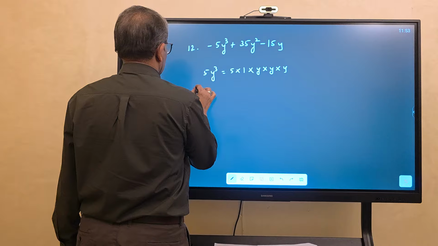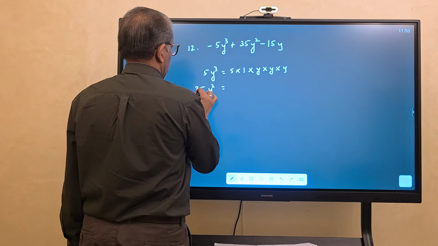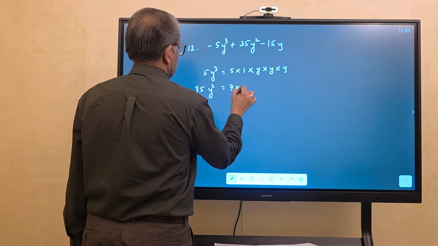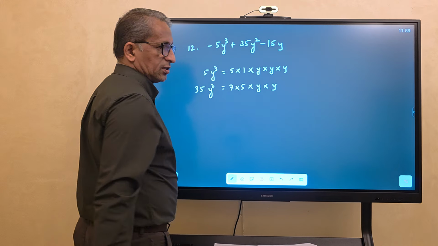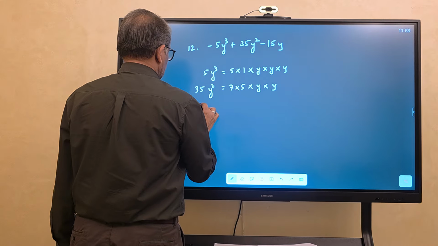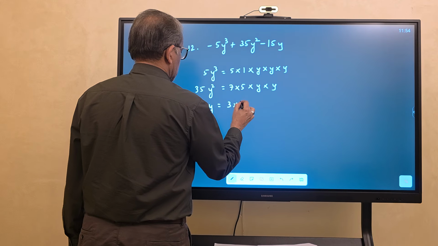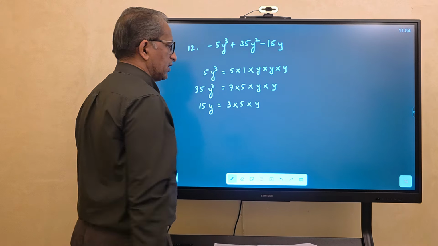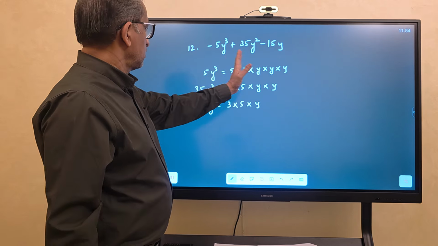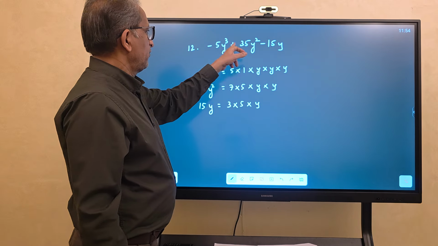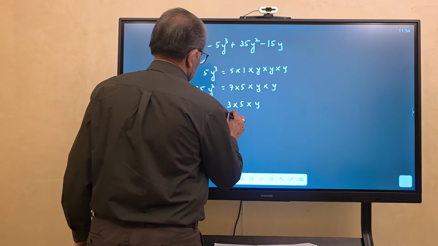Coming to the next one, 35y square. The factors are 5, 7, 5, y multiplied 2 times. Factors of 15y, that is 3 into 5 into y, because the power of y is 1. So these are the factors of each term. I have not taken signs, only the terms.